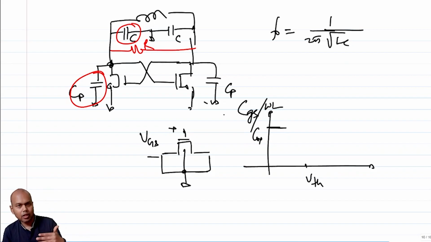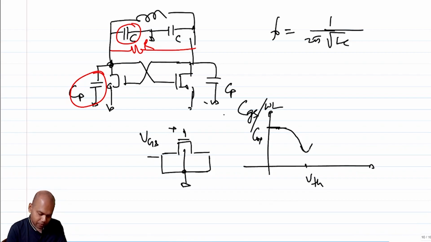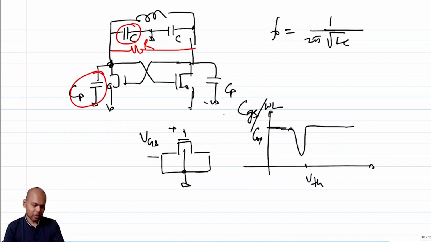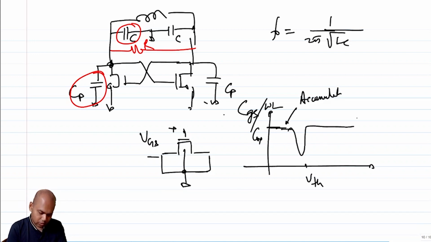As I go closer and closer to threshold voltage, I encounter depletion. When I encounter depletion, the capacitance reduces. And then when I am around inversion, this is obviously not to scale. So you are going to see something like this, and this is accumulation. This is inversion.